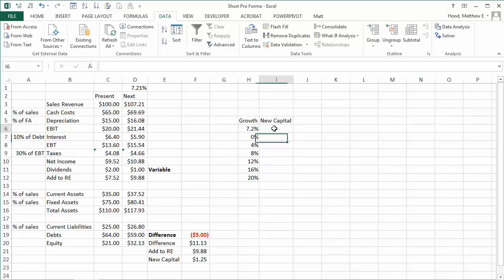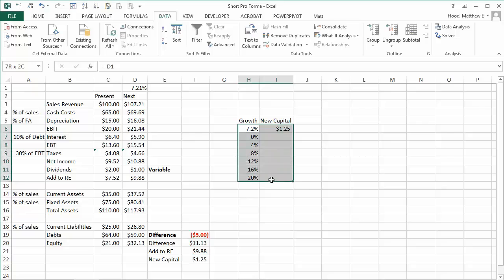And I'm also going to look at what happens with my new capital, how much new capital that I need. Now this is assuming everything else is exactly like this, $1 in dividends, $5 paid off in debts. So with a 7.2% growth, I need to raise $1.25 in new capital.